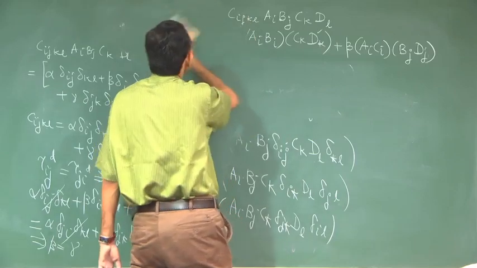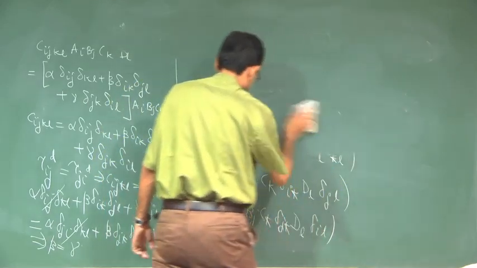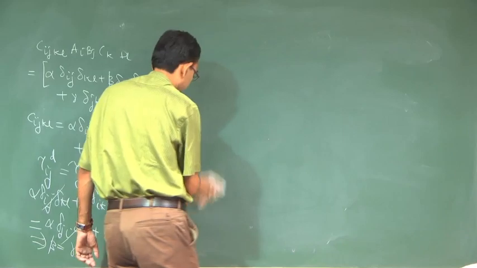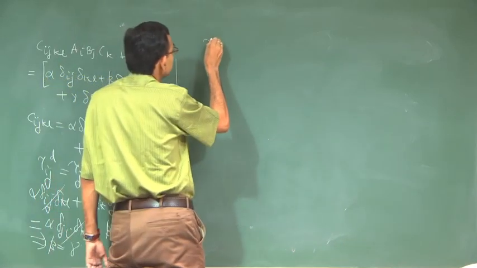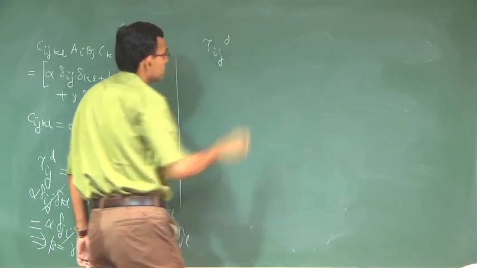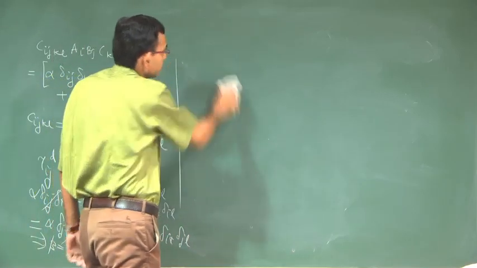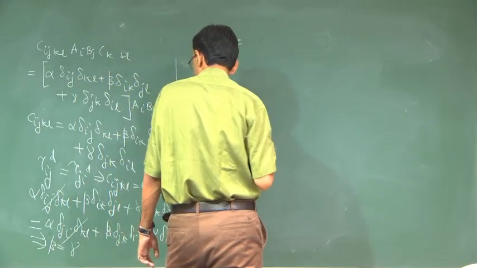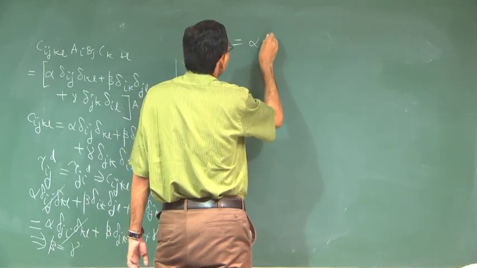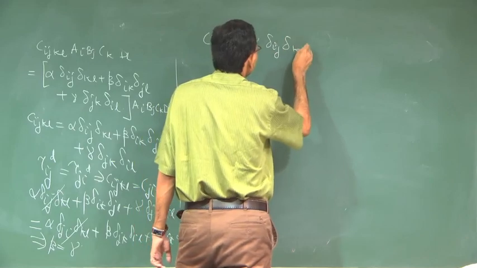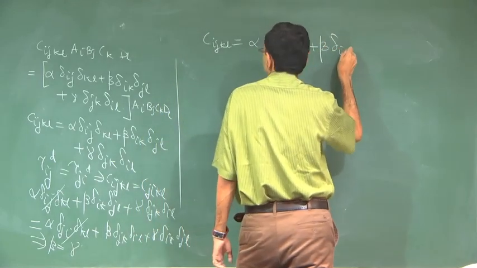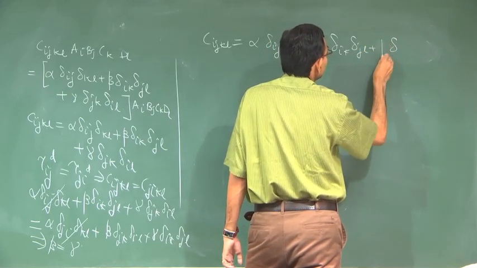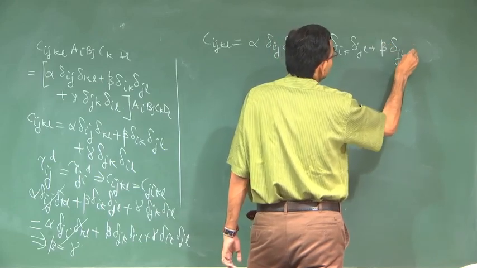So now you are able to write Cijkl first: alpha into delta ij into delta kl plus beta delta ik delta jl plus gamma, which will be equal to beta, delta jk delta il.